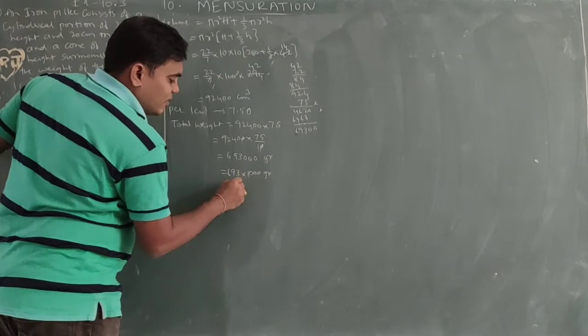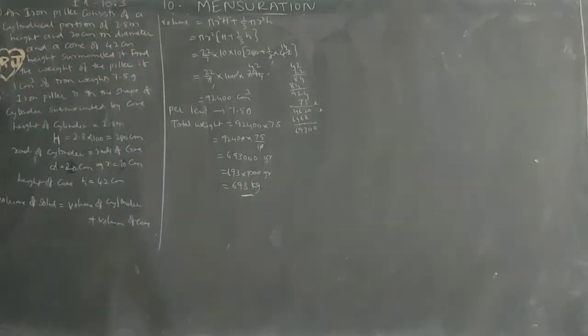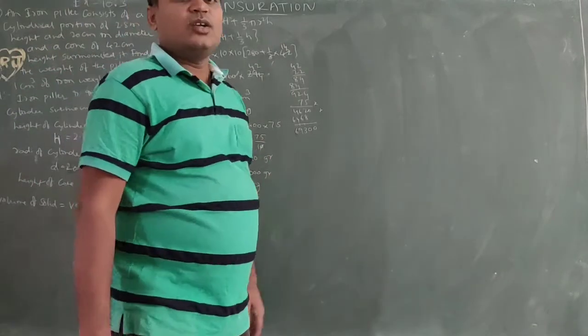So 1000 grams equals 1 kilogram. The total weight is equal to 693 kilograms. So this is the required solution.